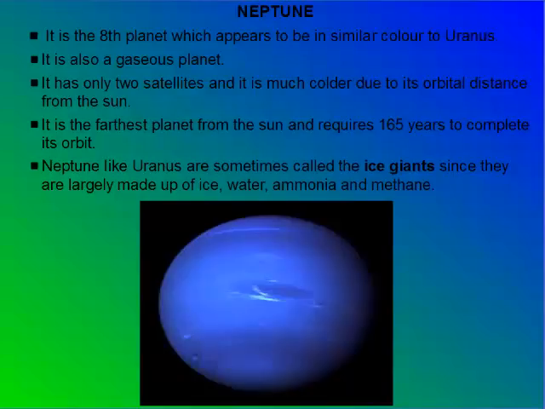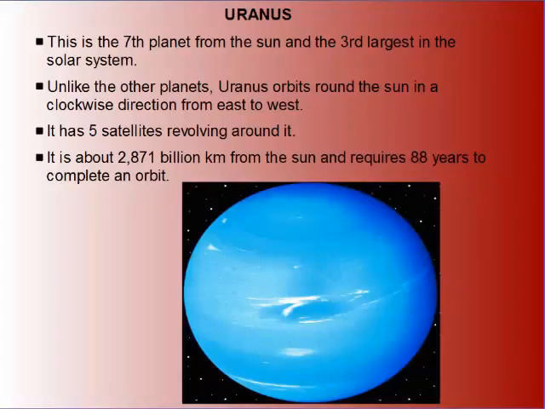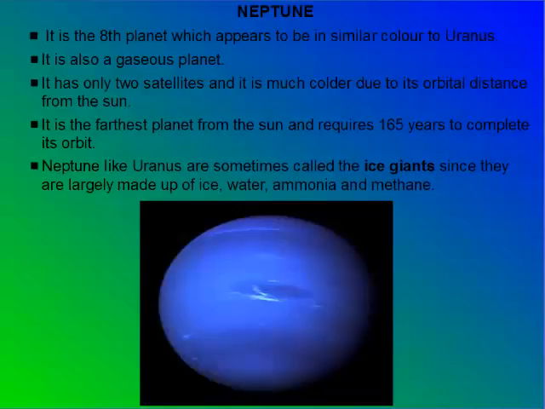It is the farthest planet from the sun and requires 165 years to complete its orbit. Neptune, like Uranus, are sometimes called the ice giants, since they are largely made up of ice, ammonia, and methane. So that is an image of Neptune, and as you can see with Uranus, they very much look similar.